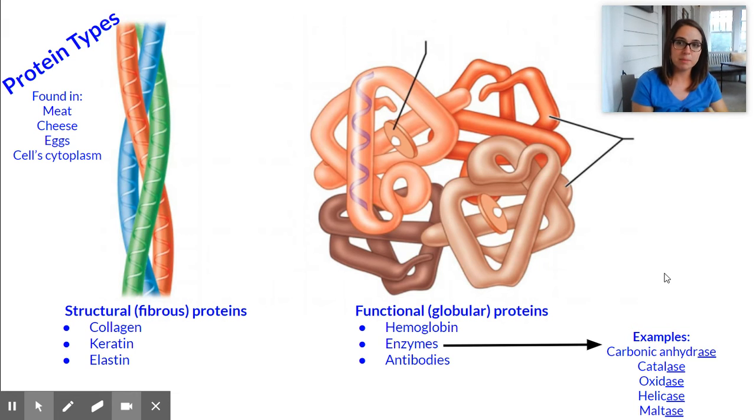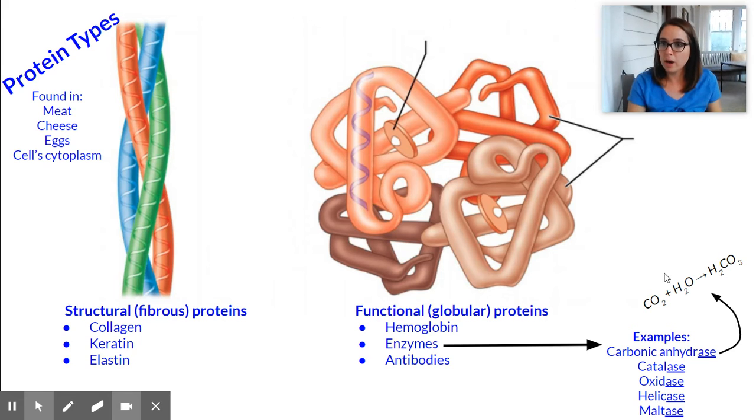Maltase is the enzyme that breaks down maltose, which is a disaccharide, so two sugars, and it's going to break it apart into separate monosaccharides. And then carbonic anhydrase. This one we will talk about when we get to our blood unit. But it is the enzyme that takes carbon dioxide and hooks it to water, and it creates carbonic acid.